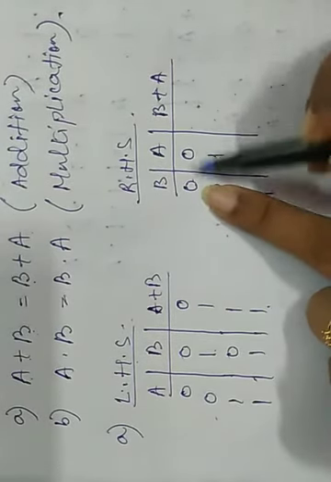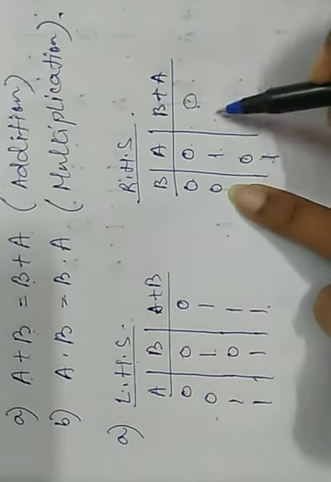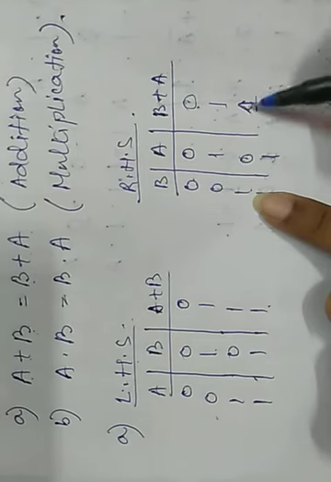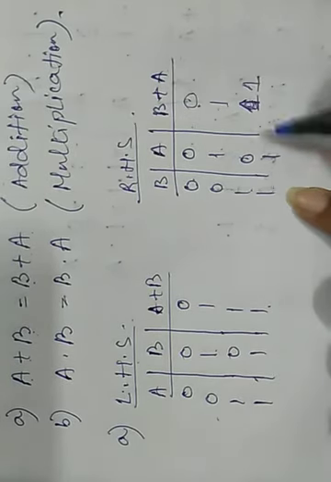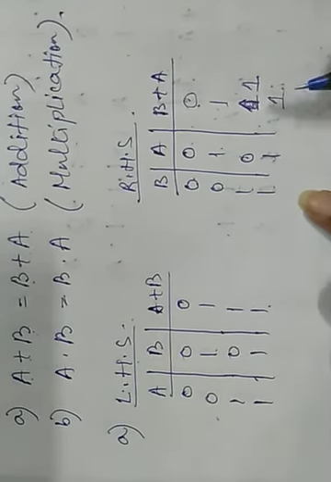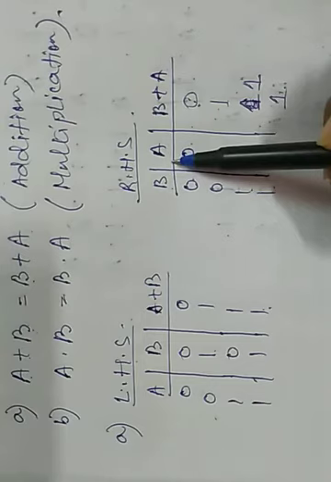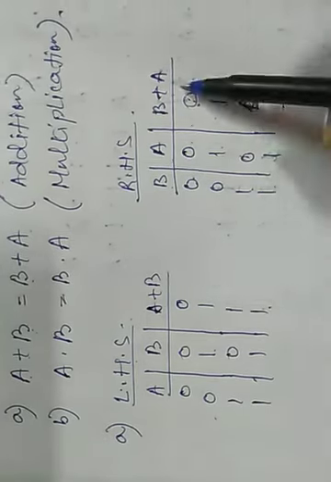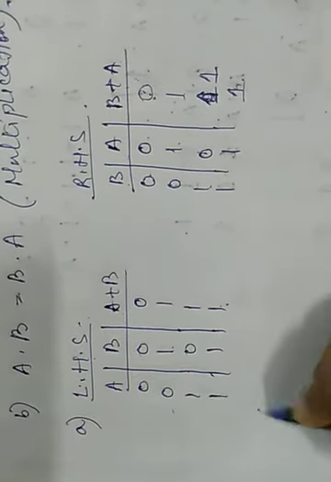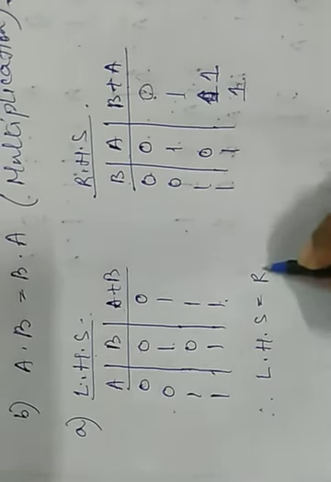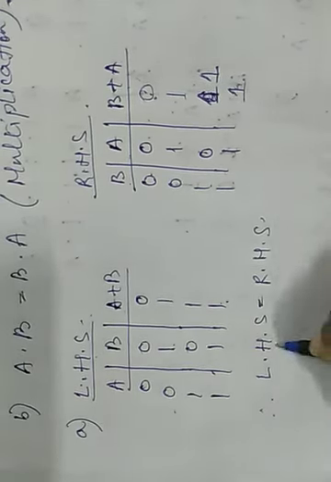B plus a gives 0 1 1 1. So whatever be the order of b and a, the output will be the same in both cases. So therefore we can say left hand side equals right hand side.